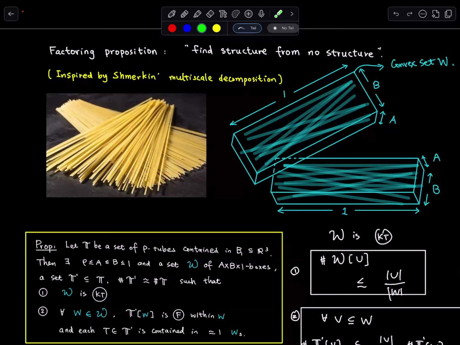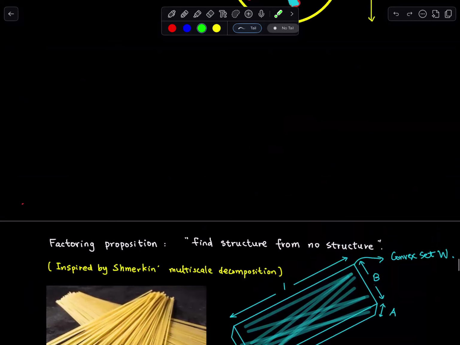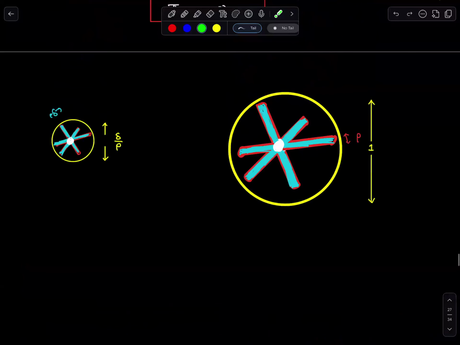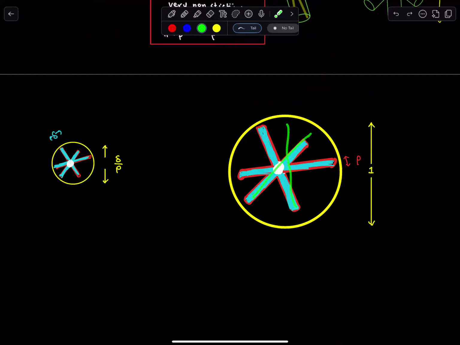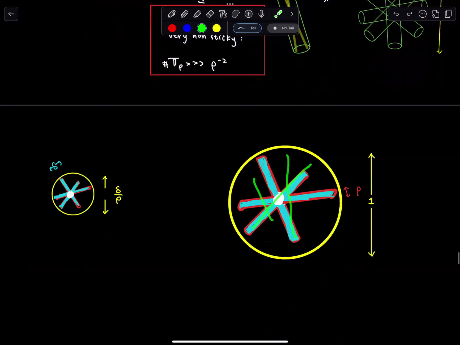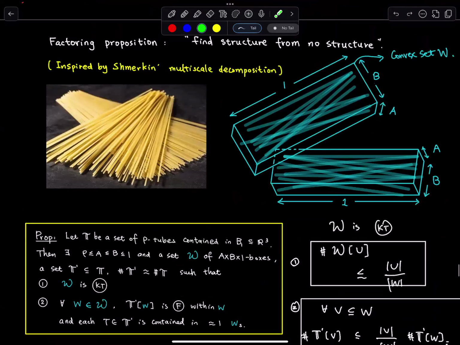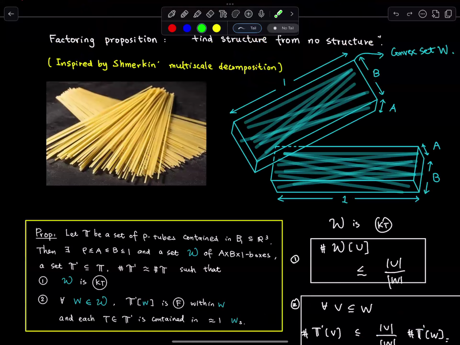And this is it. Because of this factoring proposition, we can find those structures about collections of tubes from an arbitrary collection of tubes. So that is our starting point for the proof. We are going to apply the factoring proposition for the set of those grains, and we are going to study the multiplicity of grains depending on the size of A and B, the size of the boxes.